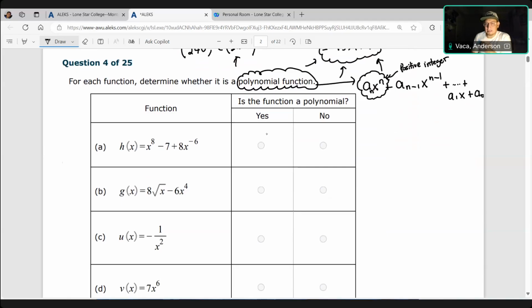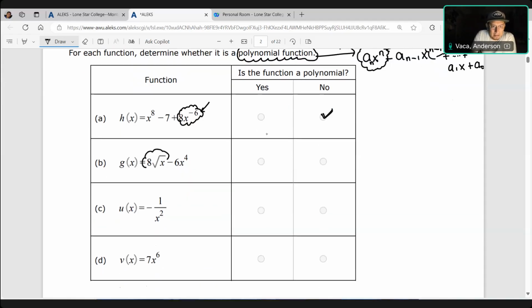As long as all the exponents are positive integers, and that's probably the easiest way to explain this, then it is a polynomial. So look at this. That's not a positive integer, so it is not a polynomial.